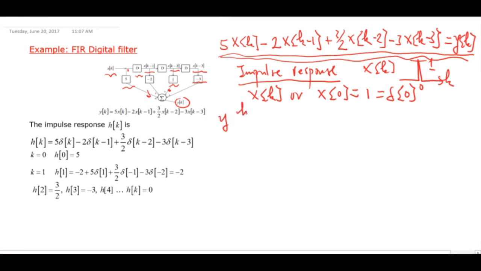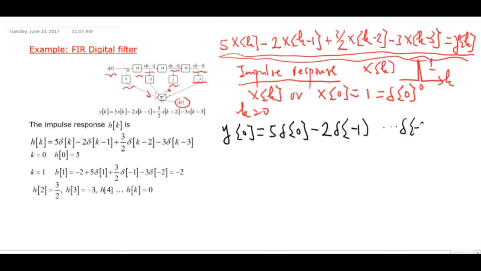So we have y when k is equal to 0. So y0 is equal to 5 delta 0 minus 2 delta minus 1, then 3 over 2 delta minus 2, and so on. These we don't need to bother with because they are all equal to 0.